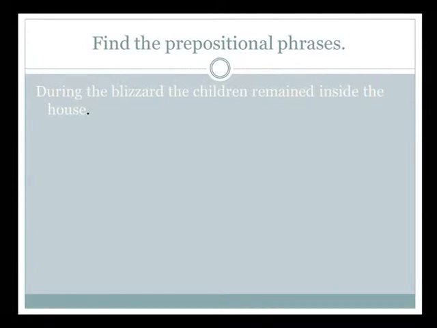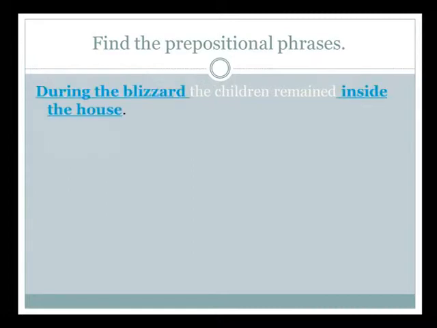The children being a noun, remained is the past form of a verb. Inside the house. Inside is a preposition of place. The house is a noun. So inside the house becomes another prepositional phrase. So the two prepositional phrases in the sentence are during the blizzard and inside the house.